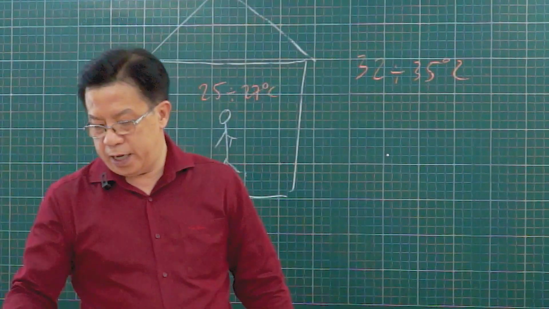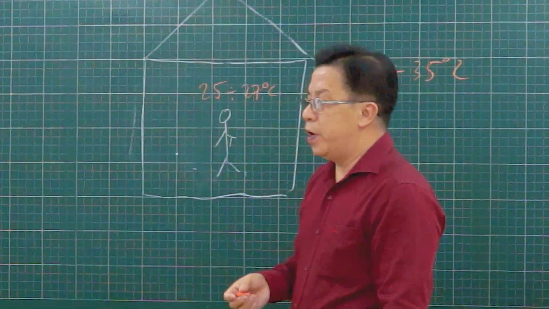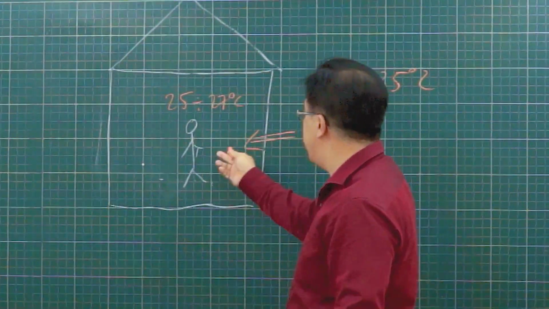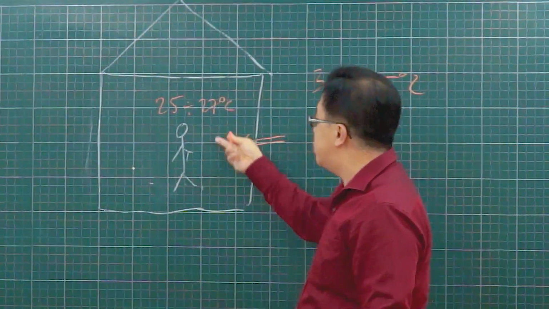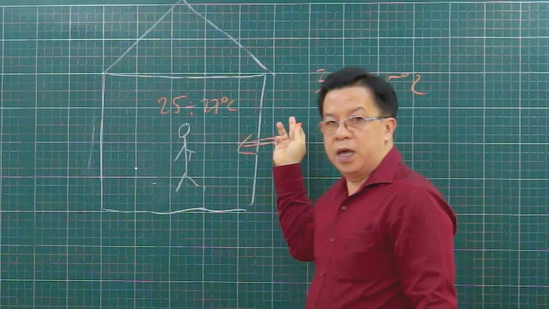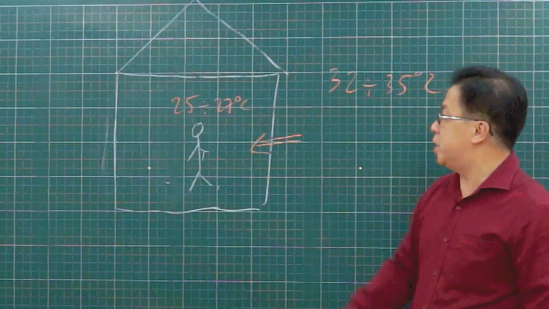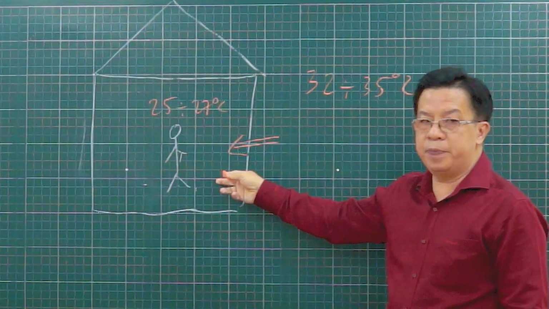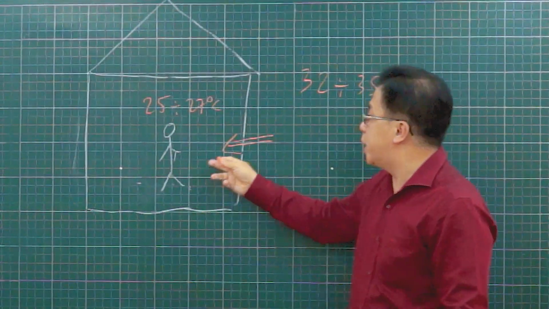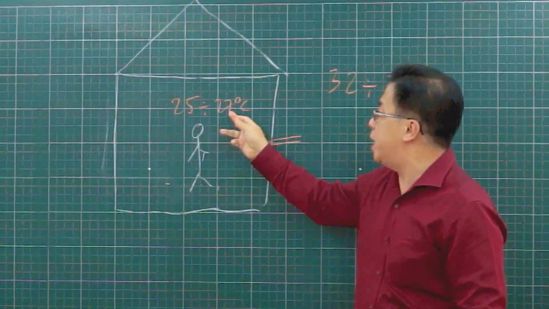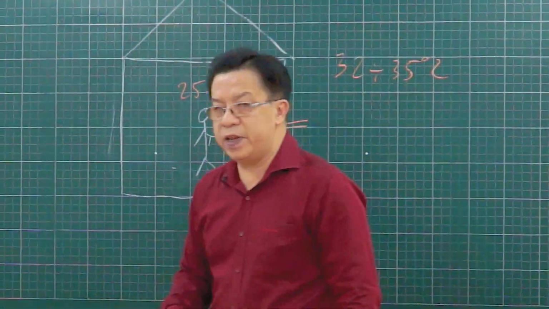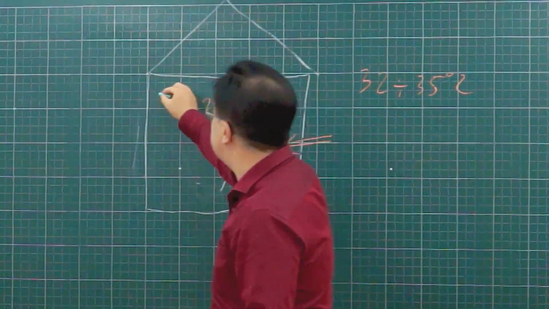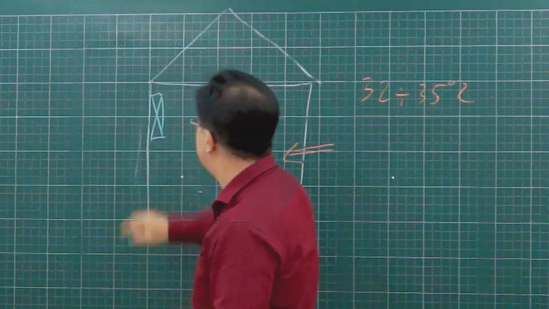And you learned in heat transfer that the heat will continue going into the room because the outside temperature is higher than the inside temperature. So in order to keep the room at 25 to 27 degrees, you need to put the air conditioner here, right?